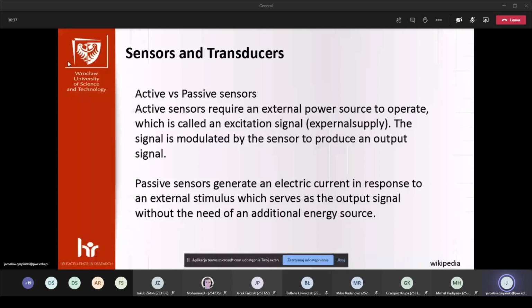Of course, a passive sensor is the part of sensors that does not need an external supply. So the current or the voltage is generated directly from the physical or chemical changes, without any additional energy.